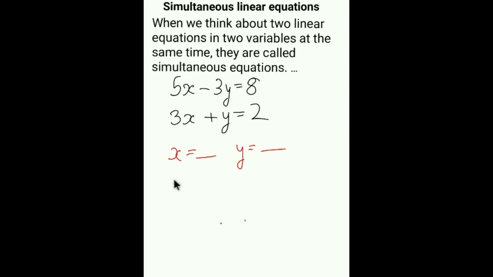Now in class 9th we have seen two methods of solving these equations.